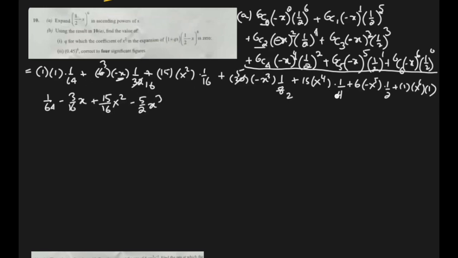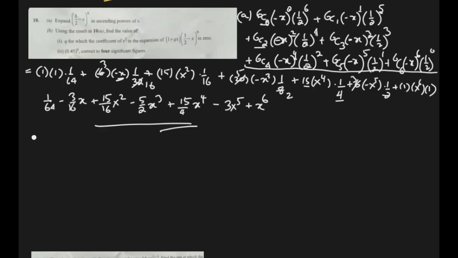This is not negative anymore, so x square only. 1 over 2 power 4 will be 1 over 16. This is the expansion in ascending powers of x.